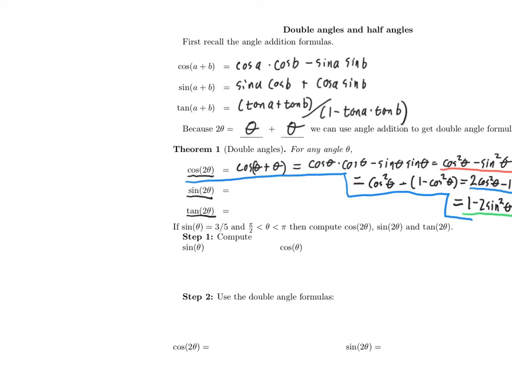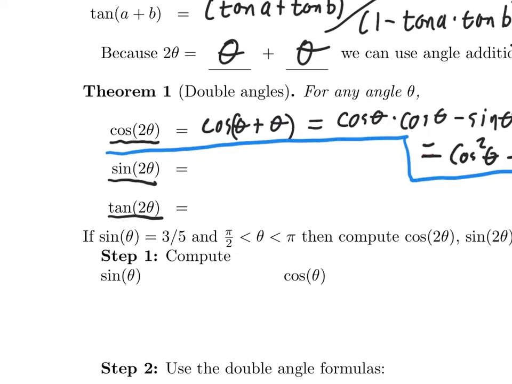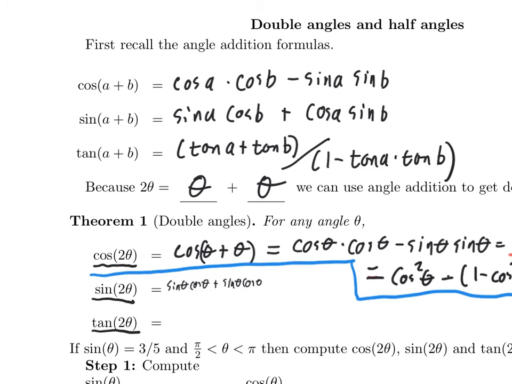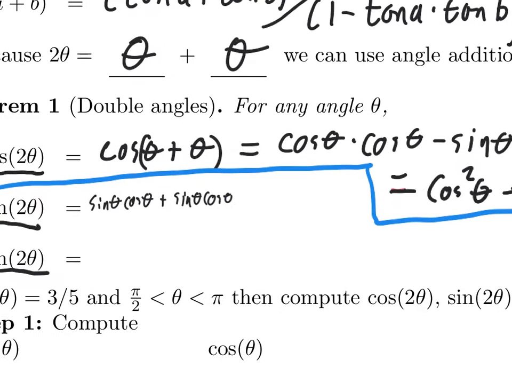So the sine of 2 theta, as you see up above, will just be sine theta cosine theta plus sine theta cosine theta. So all I did there is I used this formula where A is theta and B is theta. Theta plus theta is 2 theta, so I'll see sine theta cosine theta plus cosine theta sine theta. And, well, it doesn't matter what order you multiply.